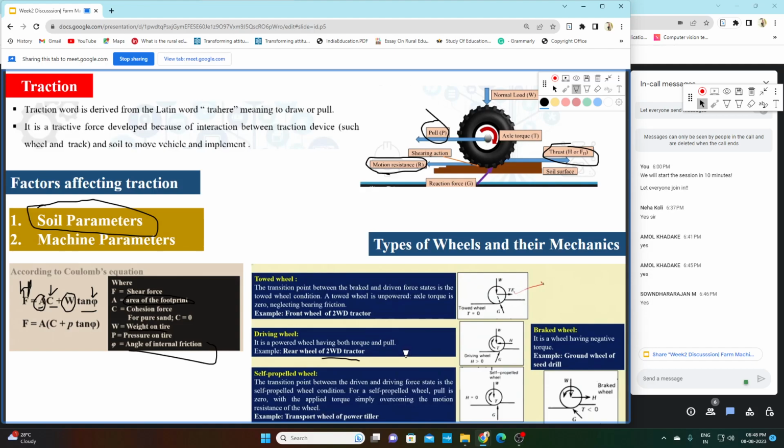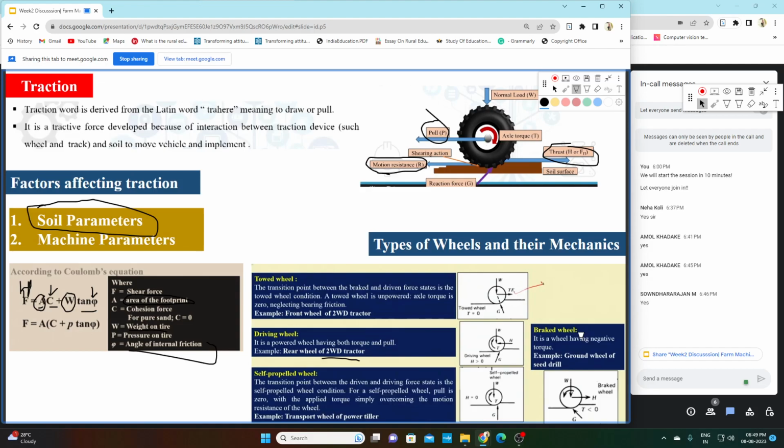You can see the rear wheels of a bus, it is not pulling any implement like a tractor does. Any transport wheel of a power tiller or any machine, which is not connected to any implement, is a self-propelled wheel. The 4th wheel is called braked wheel.